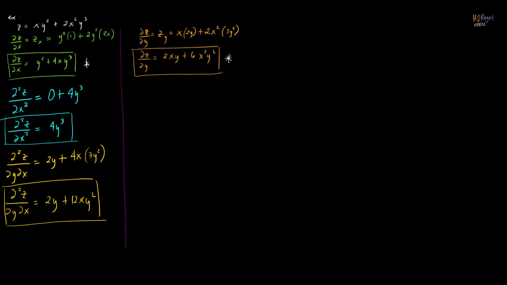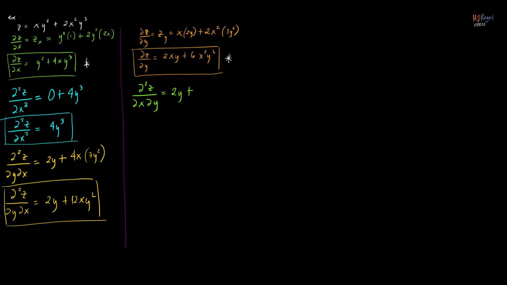Now, let's look at the function for the first partial derivative of z with respect to y. We can take the second partial derivative of z with respect to x, while the first partial was done with respect to y. So we are differentiating now with respect to x, and we'll take all y's and the powers of y as constants. In the first term 2xy, we'll take 2y as a constant, and the derivative of x with respect to itself is 1.